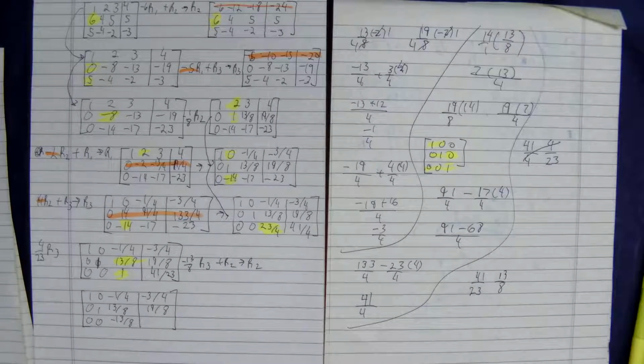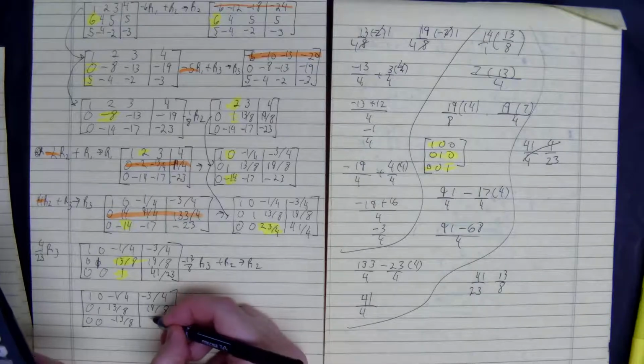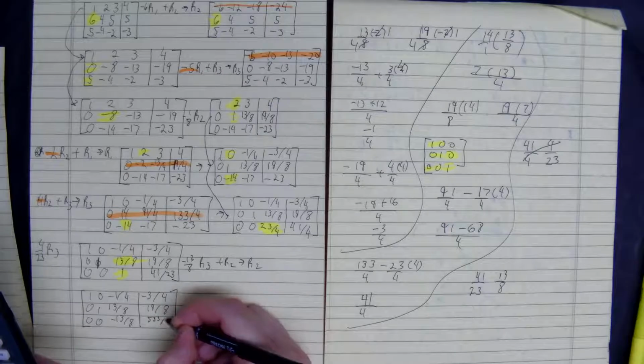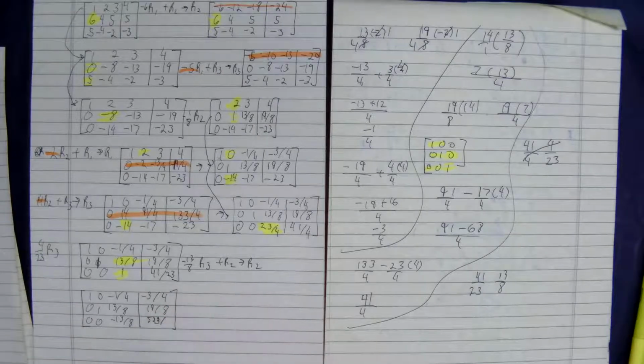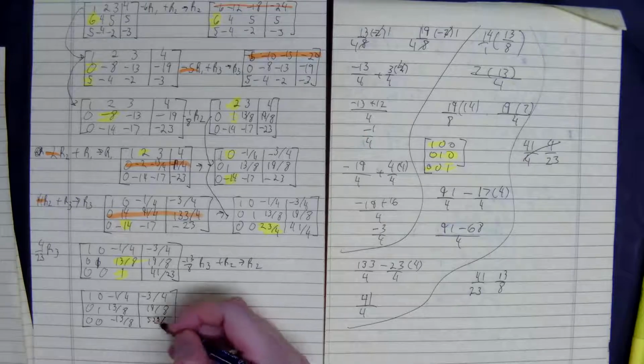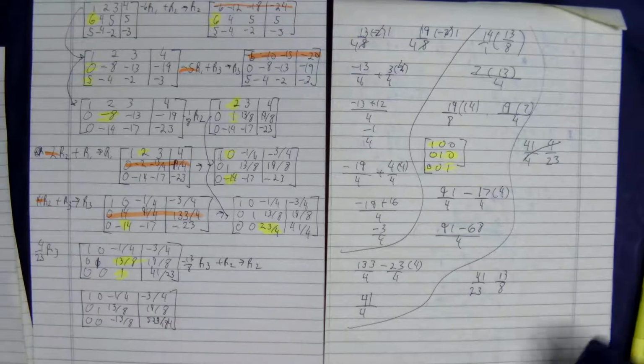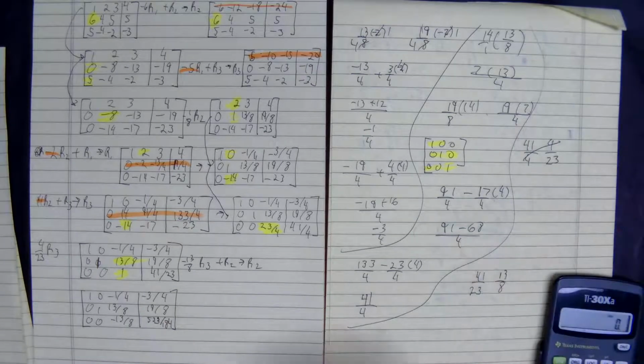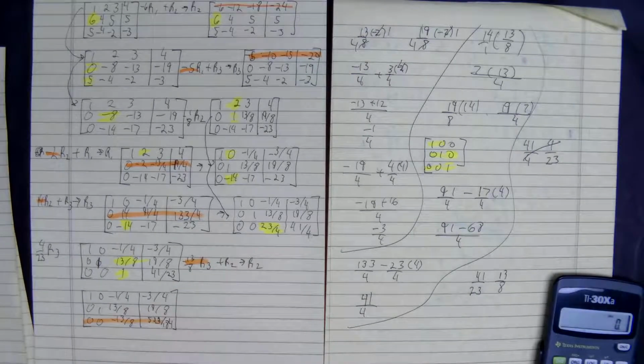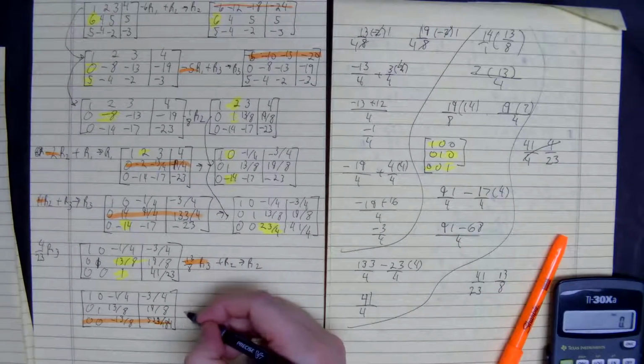Let's see, so we'll just multiply these. 41 times 13 gets you 533, and 23 times 8 gets you 184. So that's what we multiplied by. Ugh, that's ugly. So let's combine them and see what happens.